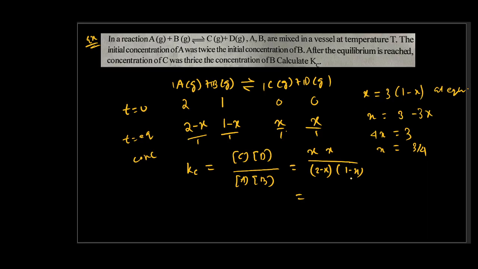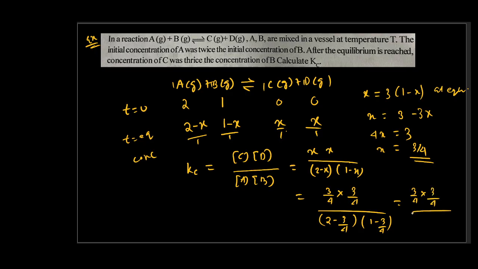So X equal to 3 by 4. Put that value: 3 by 4 into 3 by 4, divided by 2 minus 3 by 4, into 1 minus 3 by 4. Solve it: 3 by 4 times 3 by 4, and 2 minus 3 by 4 is 5 by 4, and 1 minus 3 by 4 is 1 by 4.